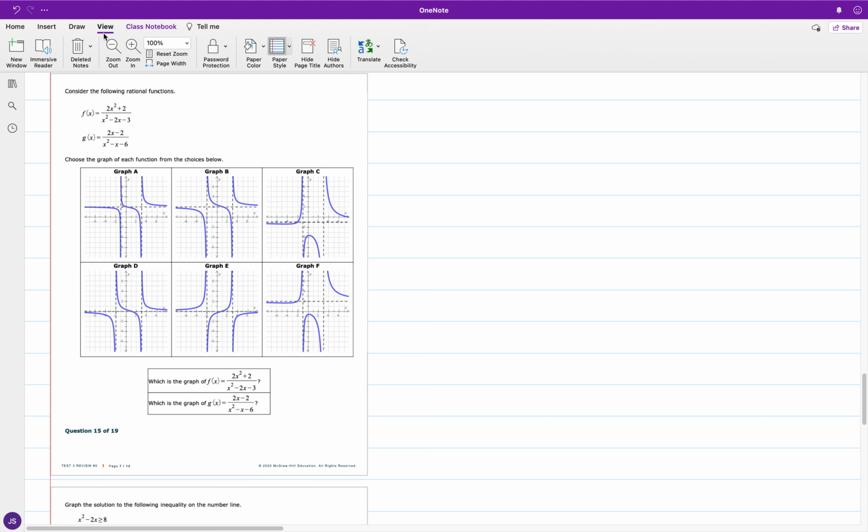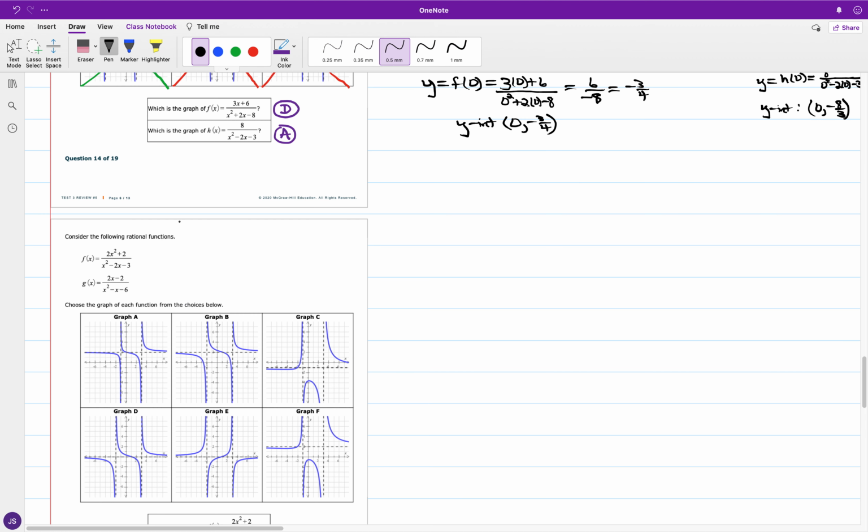Okay, so we have the first of our functions to look into. So you have f of x is equal to 2x squared plus 2, all over x squared minus 2x minus 3.